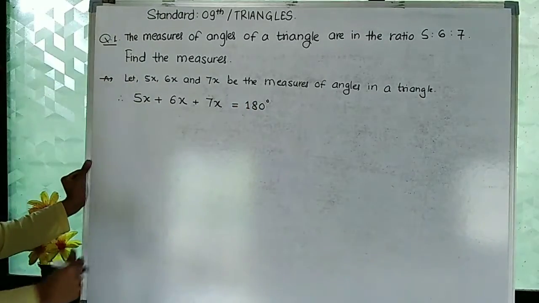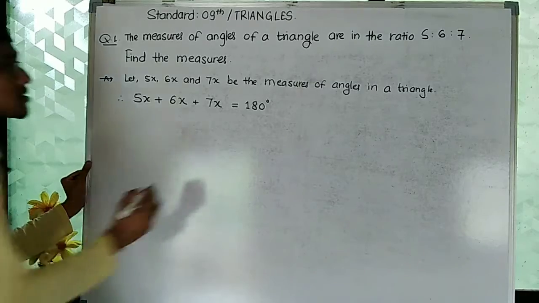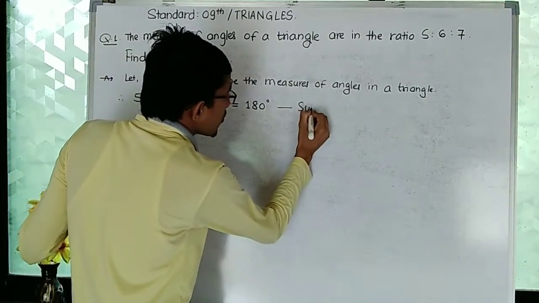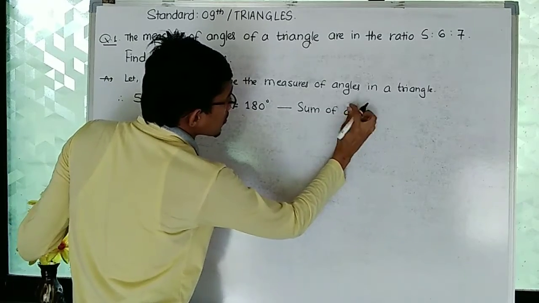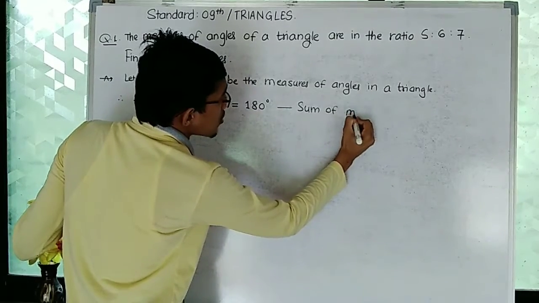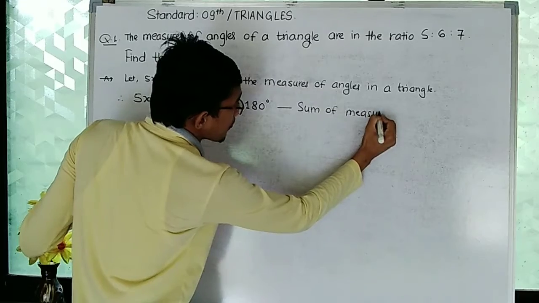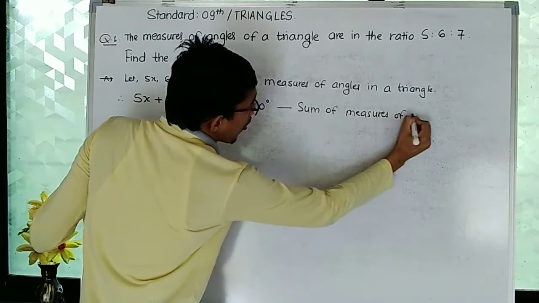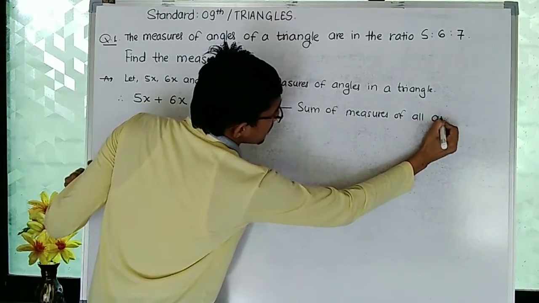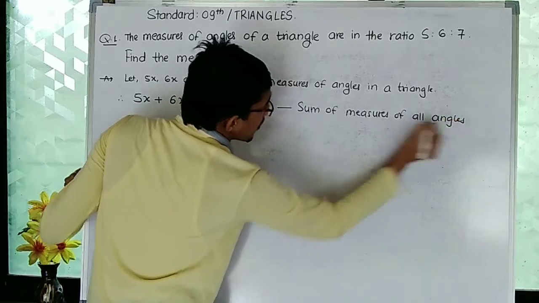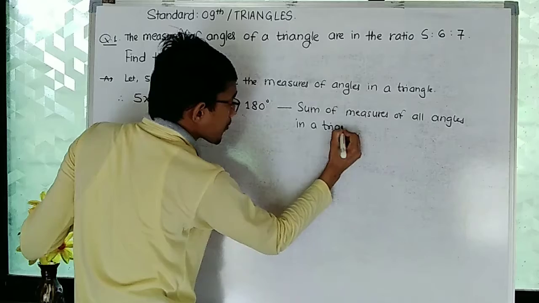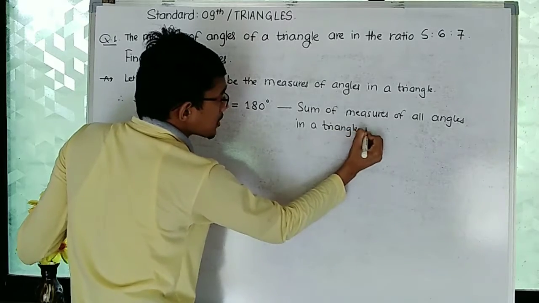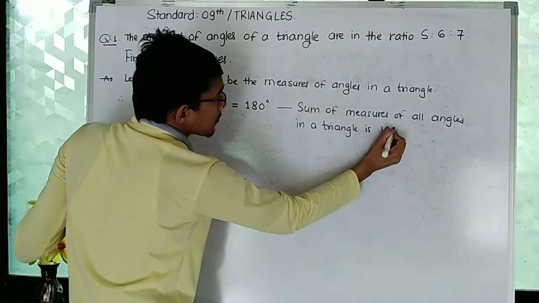Okay, now we know that the sum of measures of all angles in a triangle is 180 degrees.